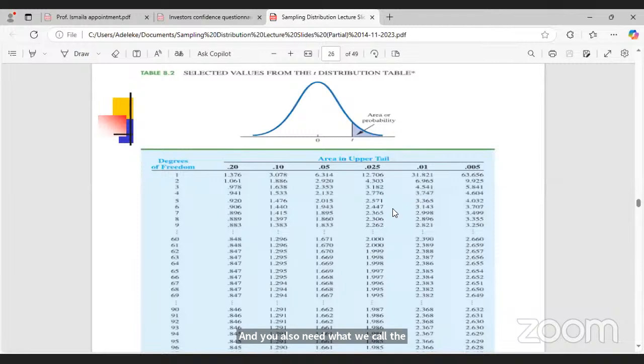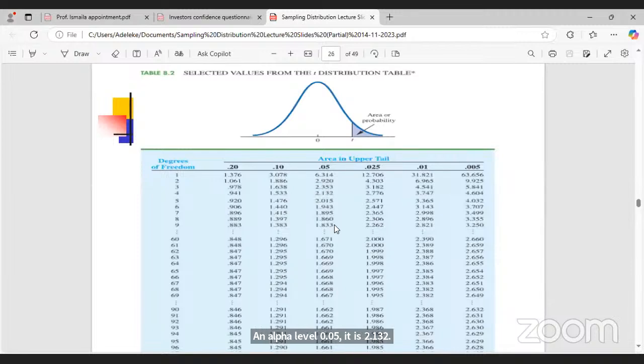So if you are given degrees of freedom of 4 and a significance level of 0.05, all you need to do is to trace the degrees of freedom to 4, as we have here, and then move across to 0.05. Whatever you see there is your T value. In this case, degrees of freedom of 4 and alpha level 0.05, it is 2.132.